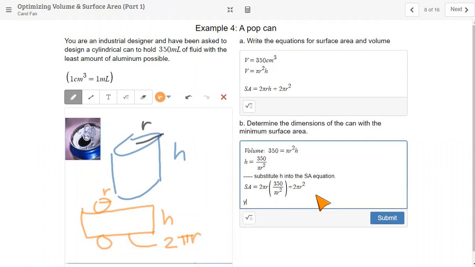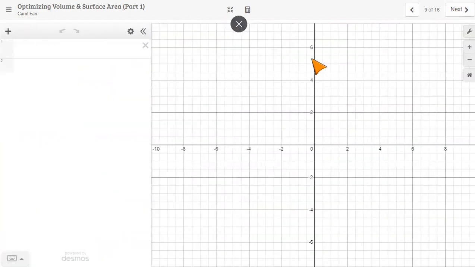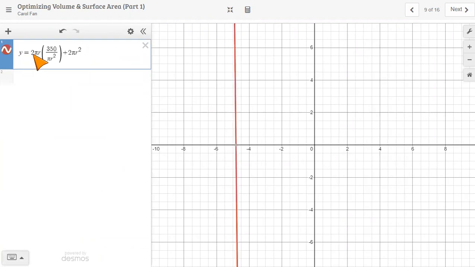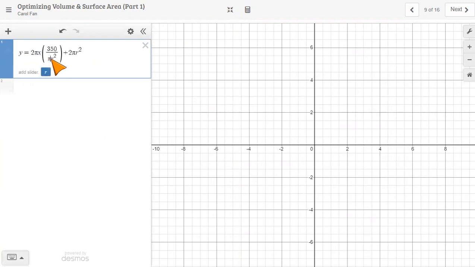Before we do that, let me remind us that our y-axis is surface area, and x-axis is our r for radius. So let me stick this in here, and I'm going to change my variables.